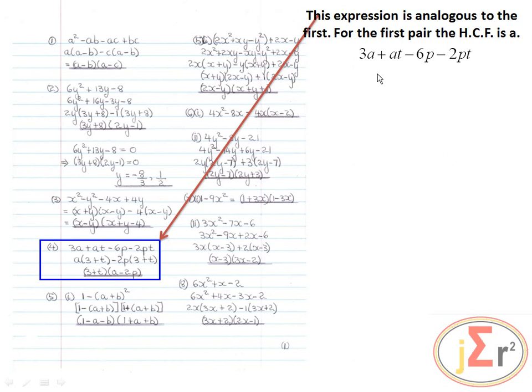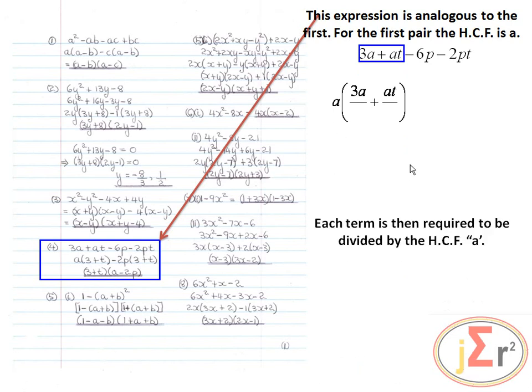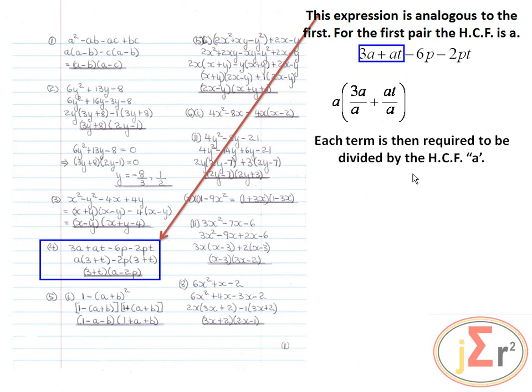And then, of course, after taking a common factor of these 2 terms of A, what do we do? We divide by the common factor. And then for this pair, what is the common factor? Well, we see P here and we see P here. And of course, 2 can go into 6 and 2. 2P is our common factor.